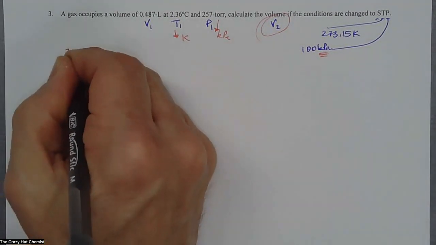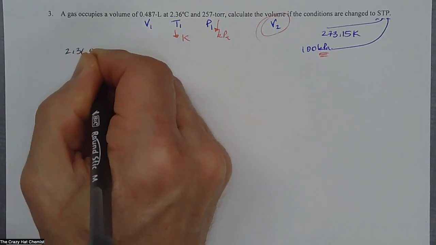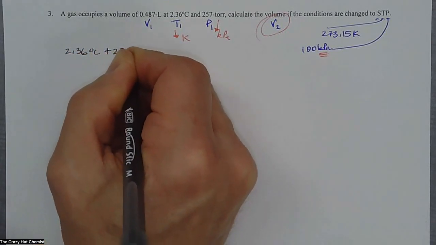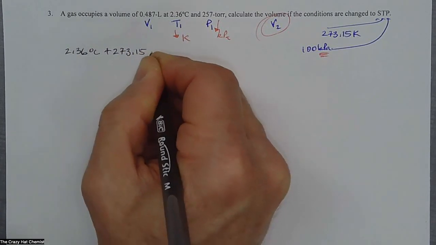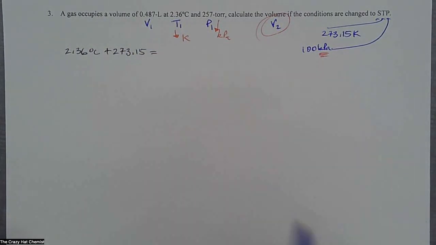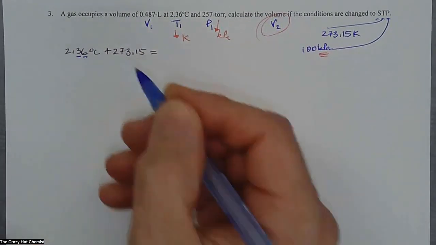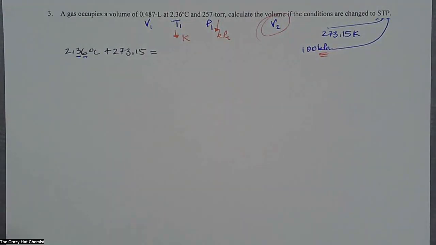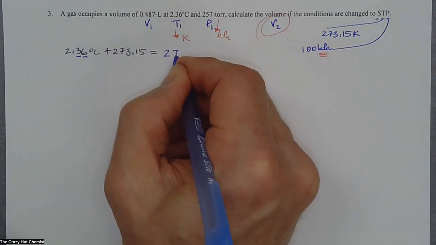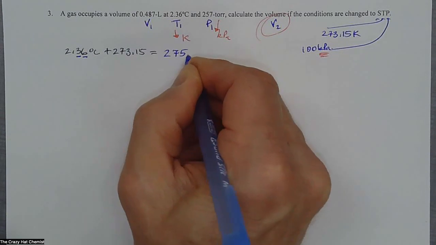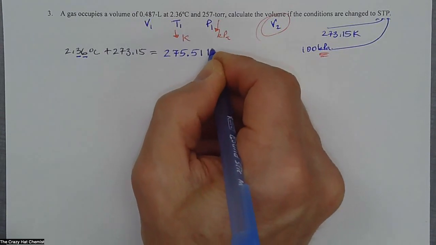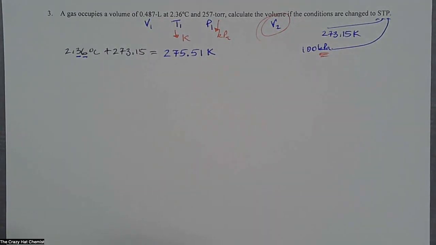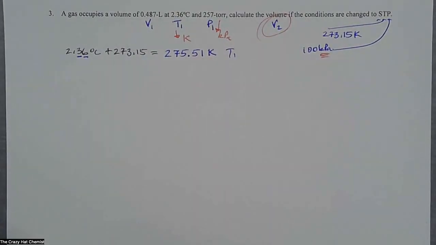So that's 2.36 degrees Celsius plus 273.15. We're going to add these two numbers and we're going to have two decimal places. So that's going to be 275.51 Kelvin. Okay, so that's our temperature 1 now.